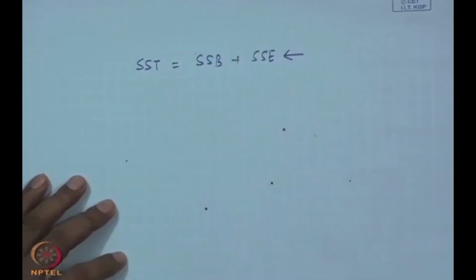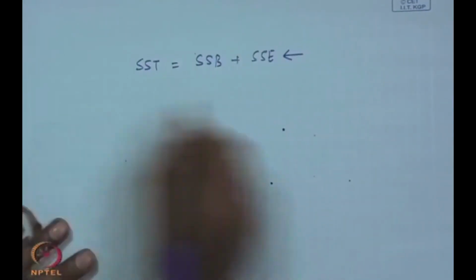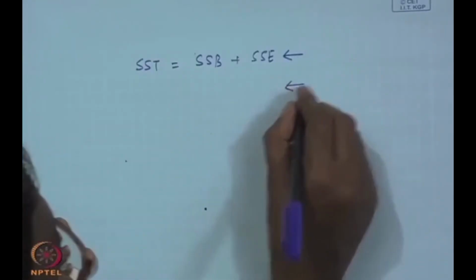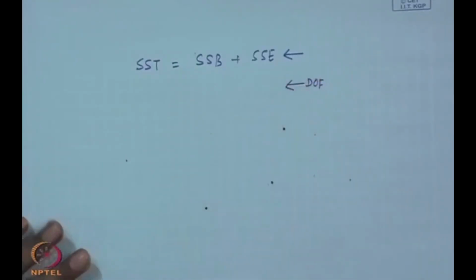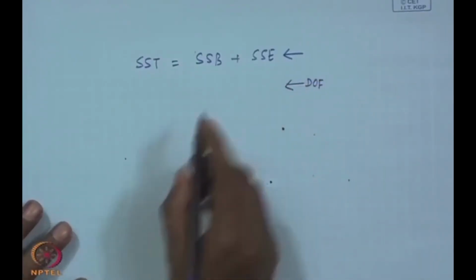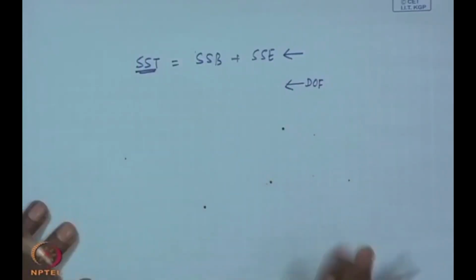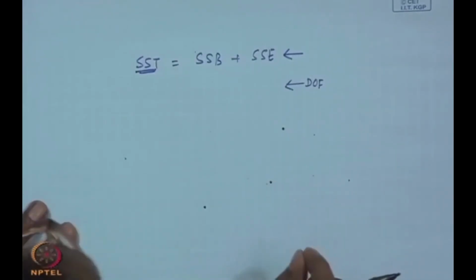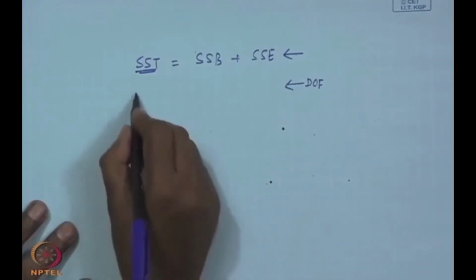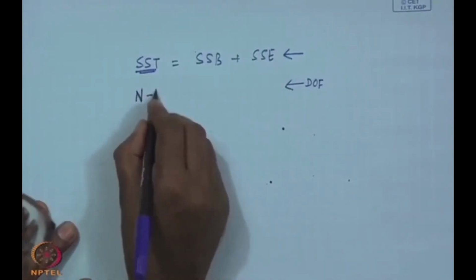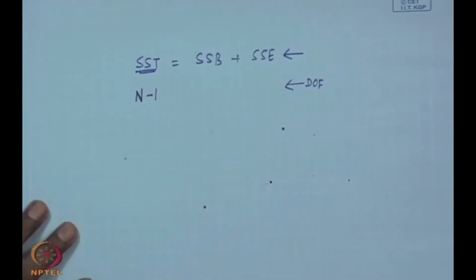Okay. So, now we have to see the degree of freedom part. When we compute SST, what do we require? We require x bar. There are a total of n observations and we sacrifice 1 to calculate this x bar.